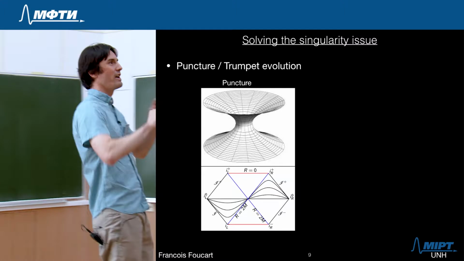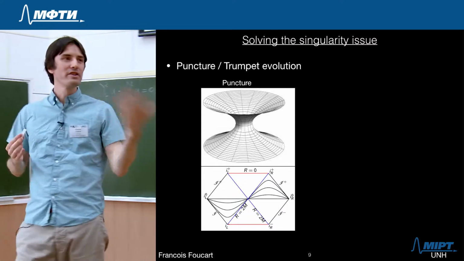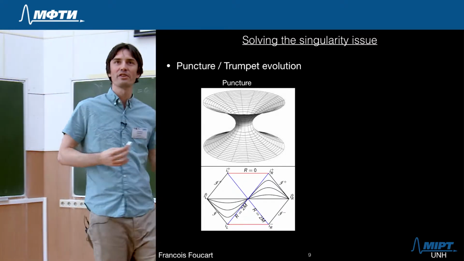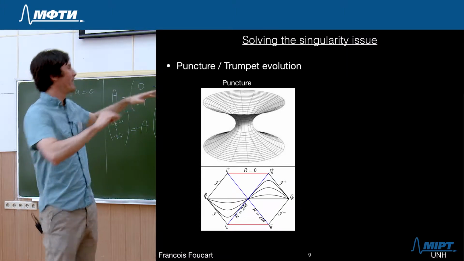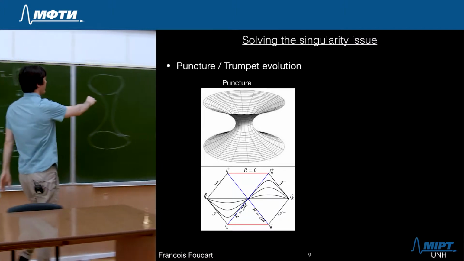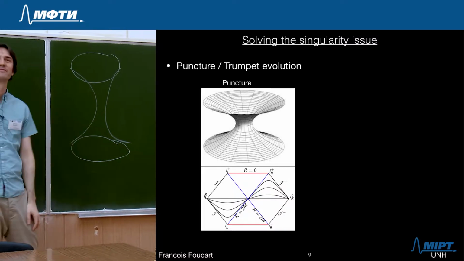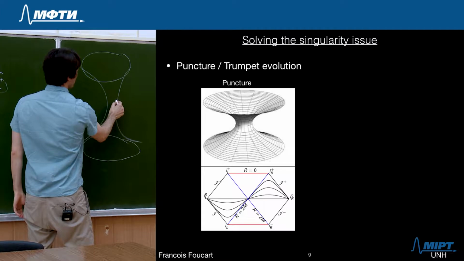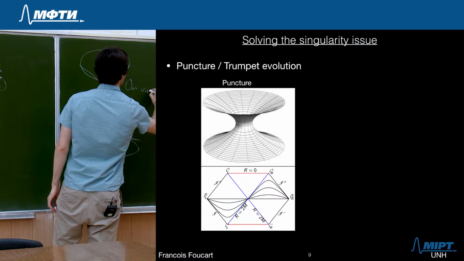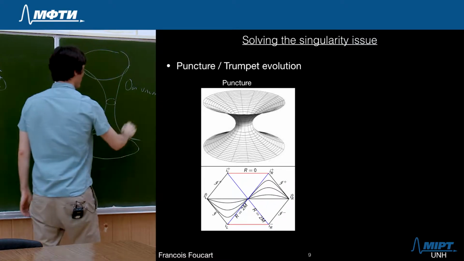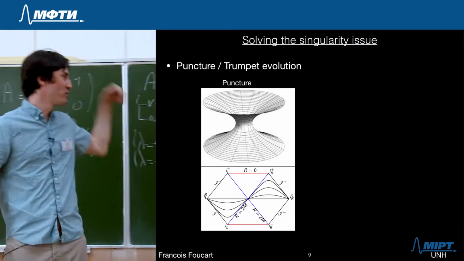You don't start with a slice that goes all the way to the singularity of the black hole, but you start with what is known as an extended version of Schwarzschild or Kerr's metric, in which you go through a throat here, and then the other side here is another whole asymptotically flat universe on the other side of the black hole. Okay? So this part here at the top is our universe, and this part here is someone else's universe, maybe, who knows. We can't go through it anyway because we would have to go through the black hole.